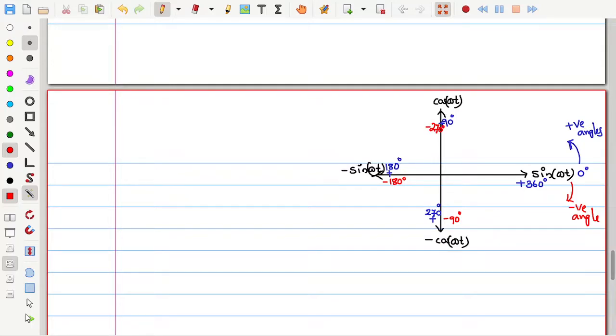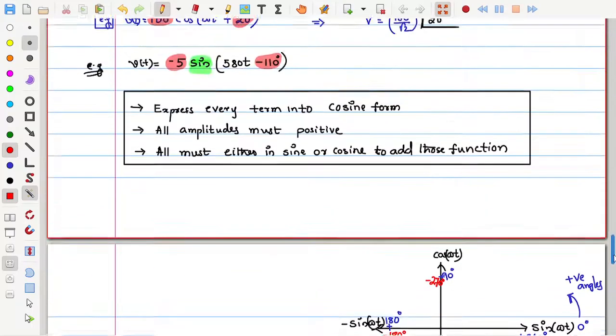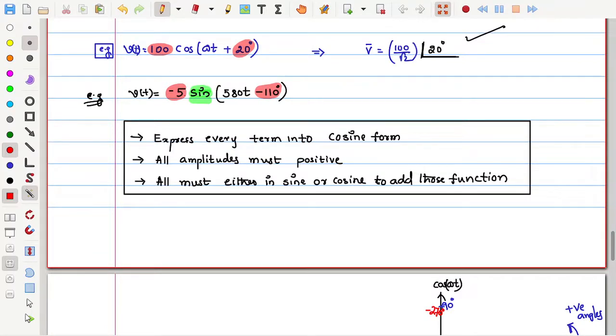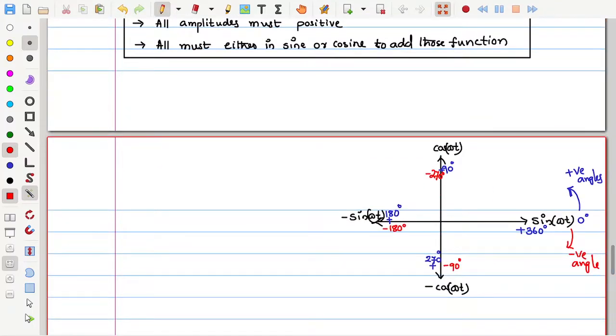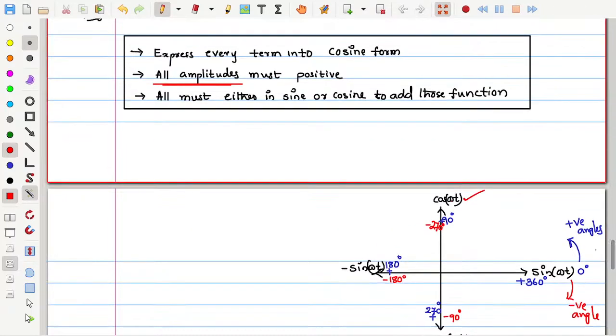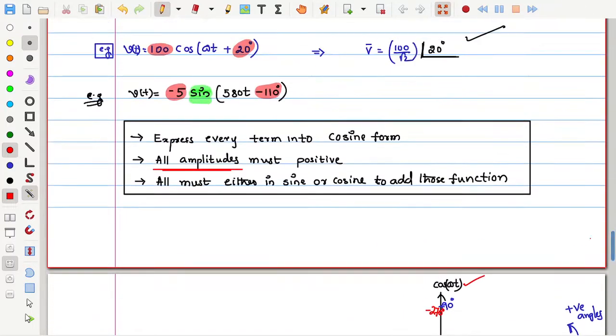Okay. Now see what I need: this sine needs to be converted into cos, that is the first thing. Where is the cos? Cos exists only here. But ultimately which cos do you need? All amplitudes must be positive, so I need this cos. From which do I need this cos, from the plus sign or minus sign?